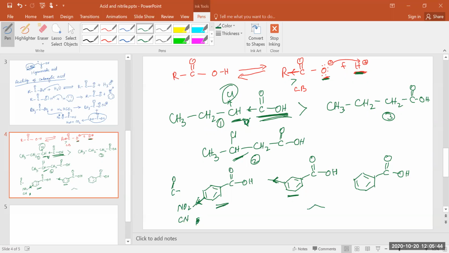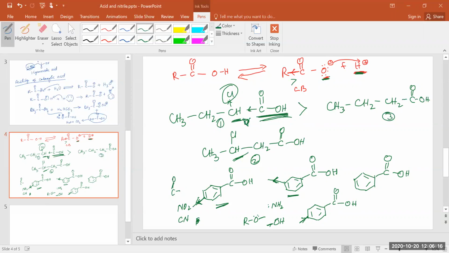Now suppose they are electron donating at the para position, like OH or ethers or amine attached, they are donating. So what will they do?